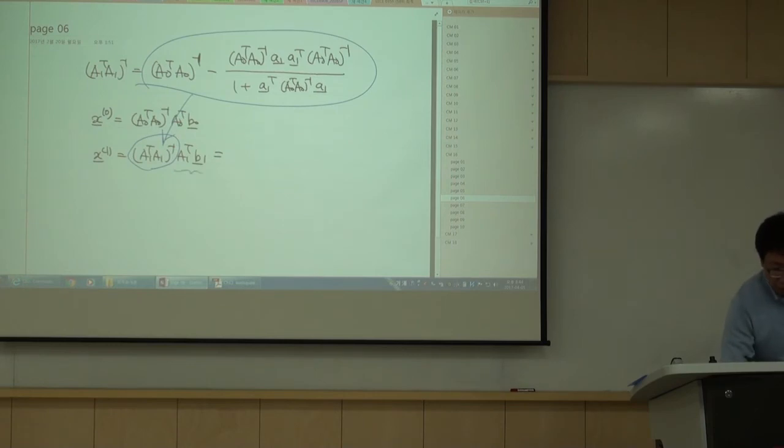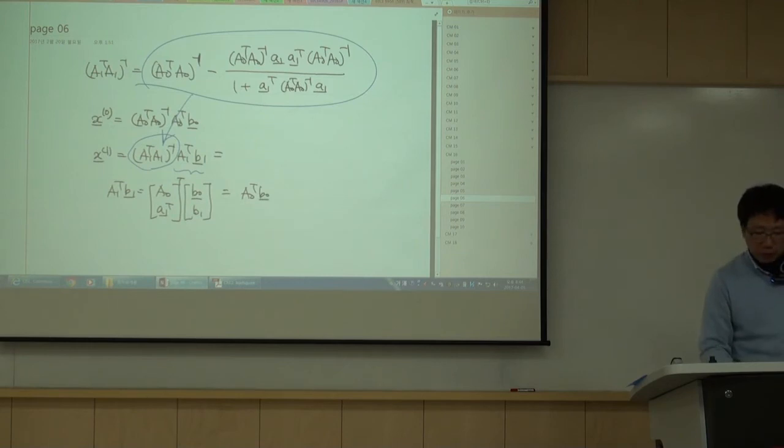Now, for this part, what can we do? Again, A1 transpose B1 is what? It is A0 transpose B0, which we already computed, plus A1 B1.